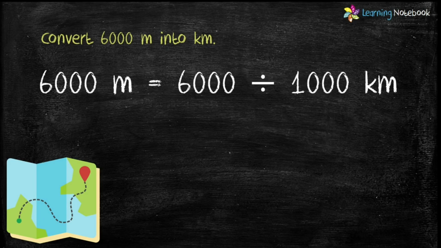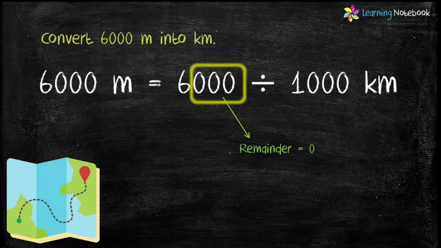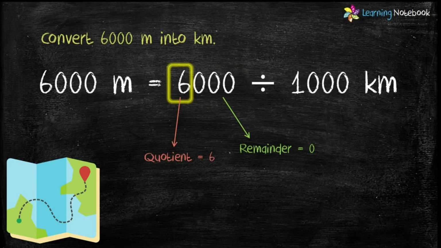When a number is divided by 1000, digits at ones, tens and hundreds place make up the remainder. So here remainder is 0 and the remaining digits make up the quotient. So here quotient is 6. Therefore answer is 6 kilometer.